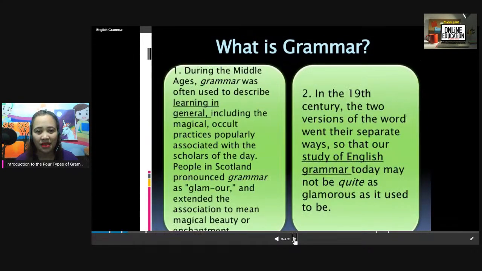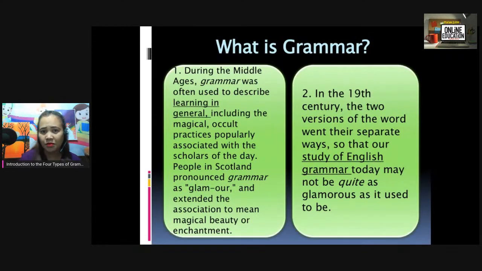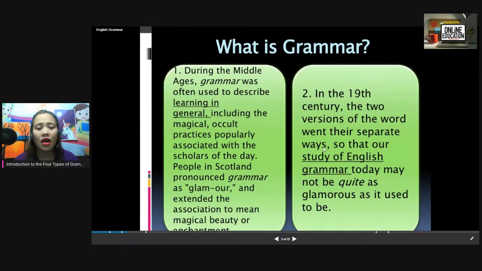That's grammar. During the Middle Ages, grammar was often used to describe learning in general. They were not that particular about rules, for example subject-verb agreement, not so much on that. They were more on grammar being used to describe learning in general.